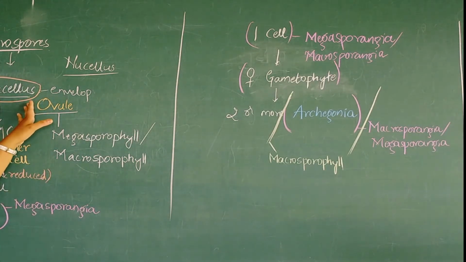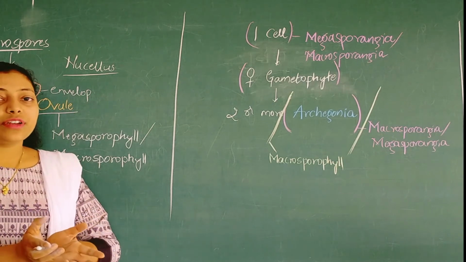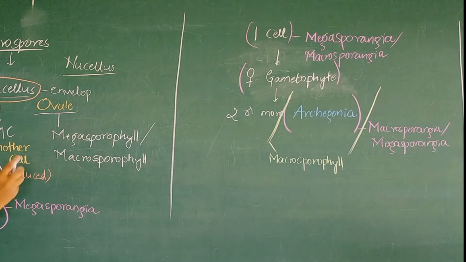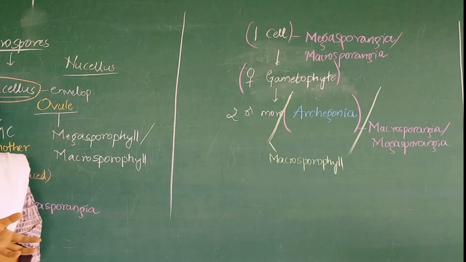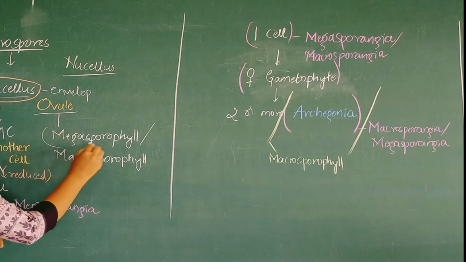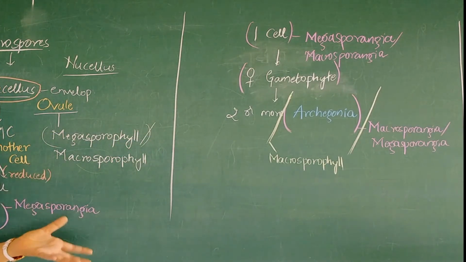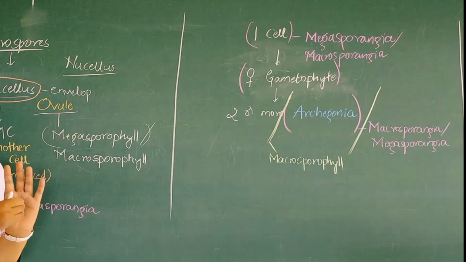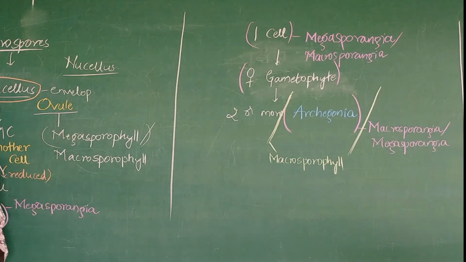The ovules are further protected in the macrosporangia, and these are called megasporophylls or macrosporophylls.